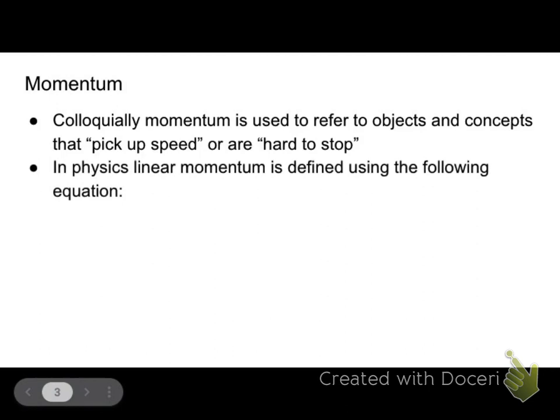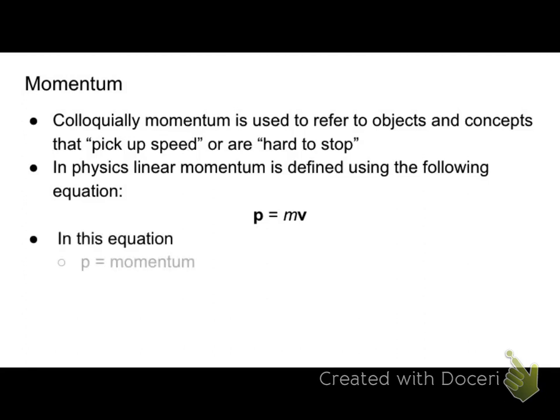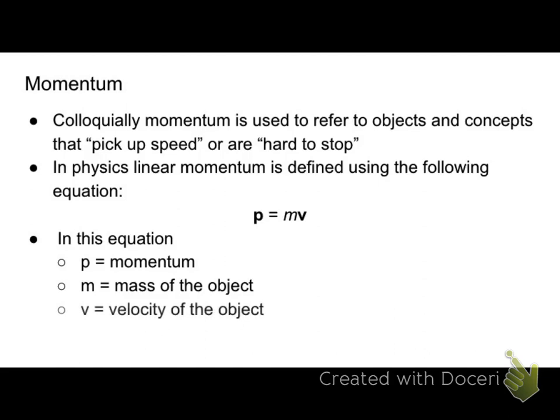So in physics, we define linear momentum as momentum is equal to the mass of an object times its velocity. Because obviously we already have mass that's abbreviated with the letter m, we use the letter p to indicate momentum. We use m for mass and then obviously v for velocity. And as you can tell from the fact that they are bolded, momentum is a vector.